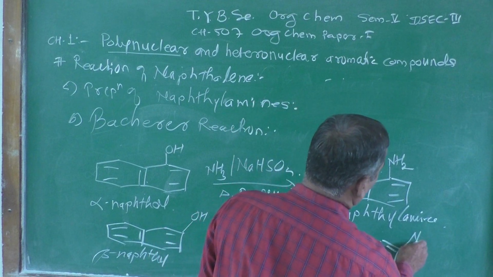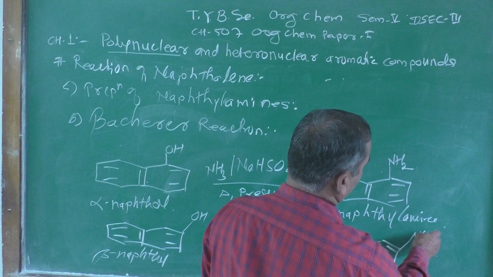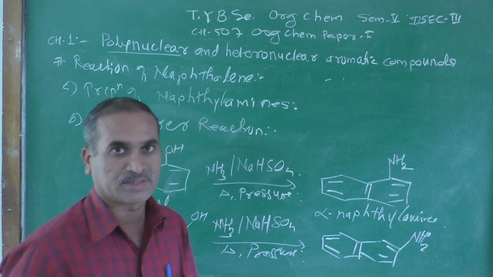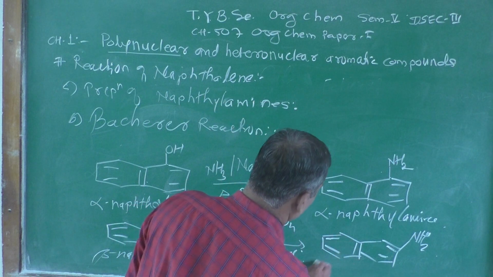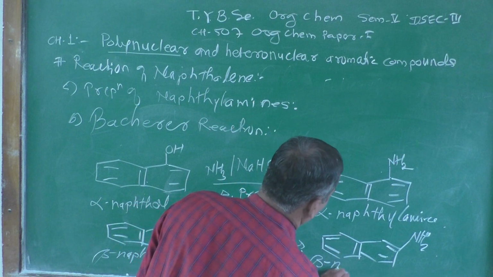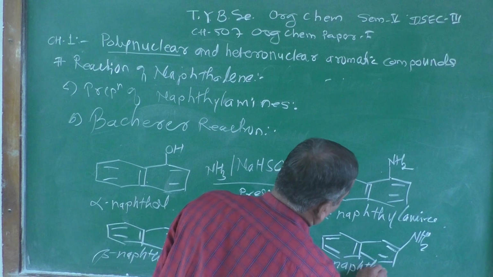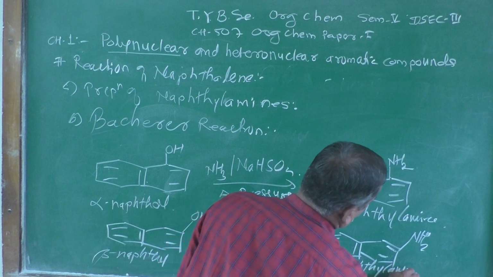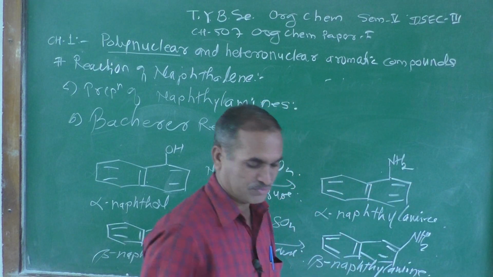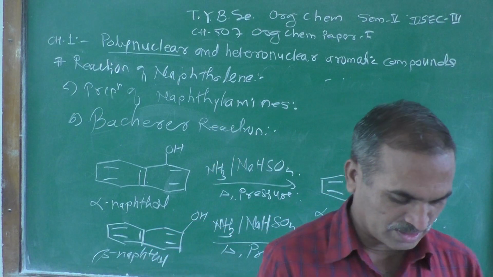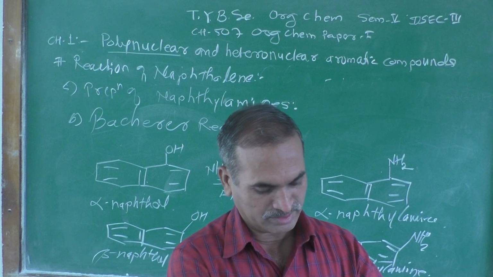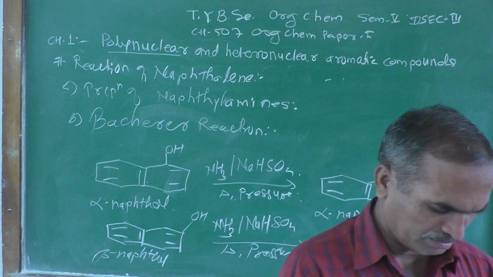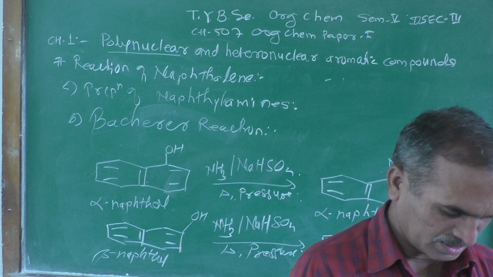Here at the beta position, the amino group is attached, and that compound is beta naphthylamine. That is the compound which he has prepared in the laboratory, starting from this one.